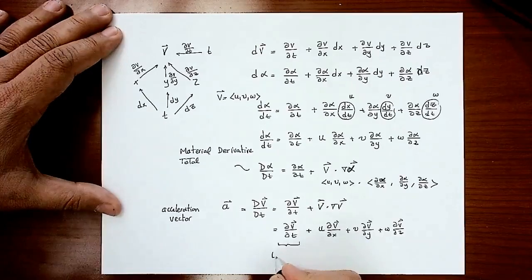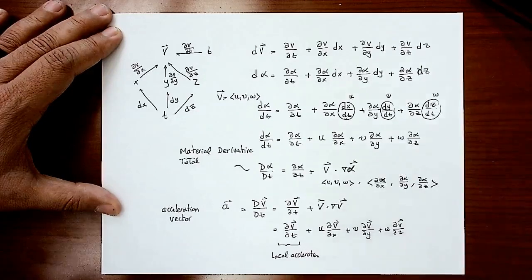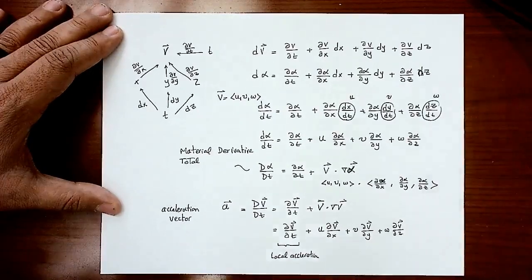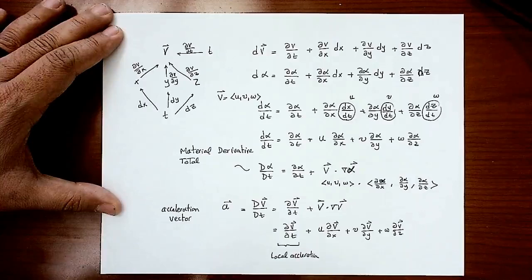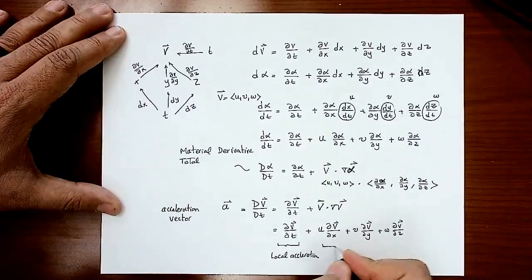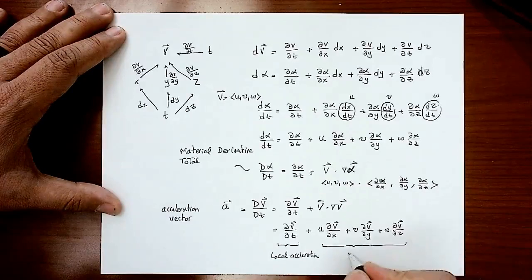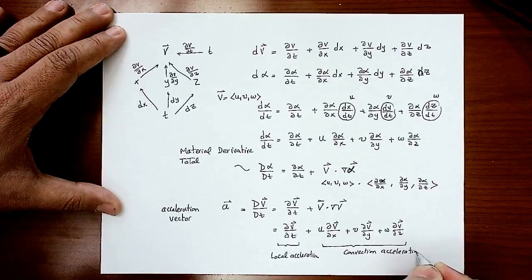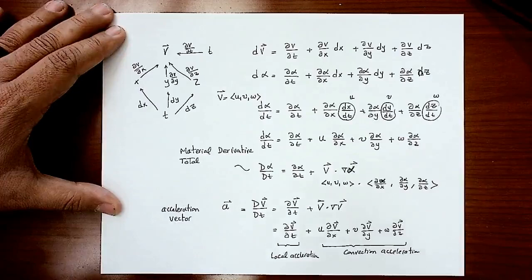So we call that actually the local acceleration. So at a given location, this is the term representing the variation of velocity relative to the time. But we have a second term of the acceleration. It's called the convection acceleration. What does that mean? It means that it's the variation of the velocity with position.